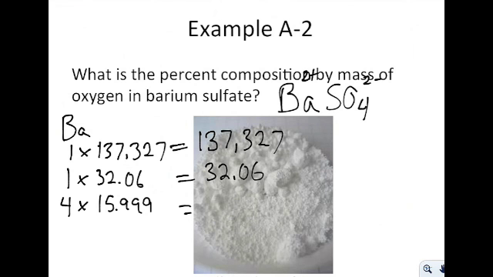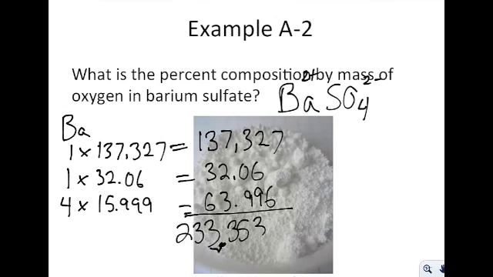When you add all those up, you'll get the formula mass for barium sulfate. In this case, the atomic mass of barium sulfate is 233.353 grams per mole. So that represents the mass of 1 mole of barium sulfate molecules.